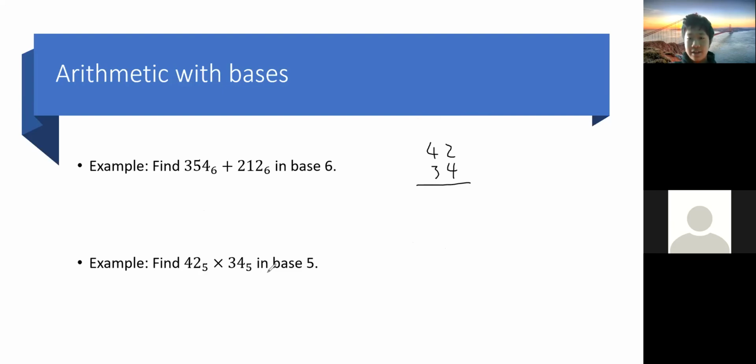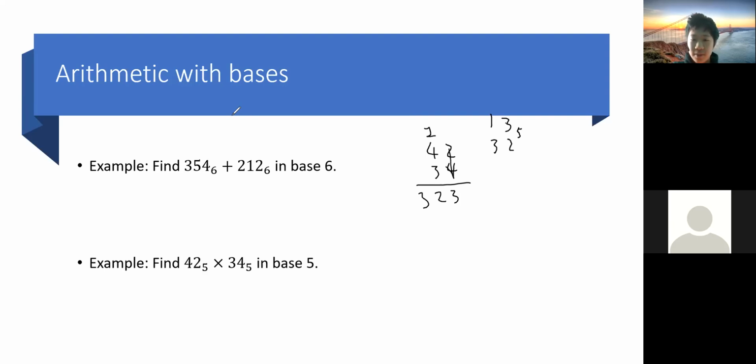But 8 is 1, 3 in base 5. So we put the 3 down here. We carry the 1. Now we do 4 times 4, 16. But we have to add the 1 up top, 17. What's 17 in base 5? That's 3, 2. And we have 3 times 5 plus 2. So 32 goes here.